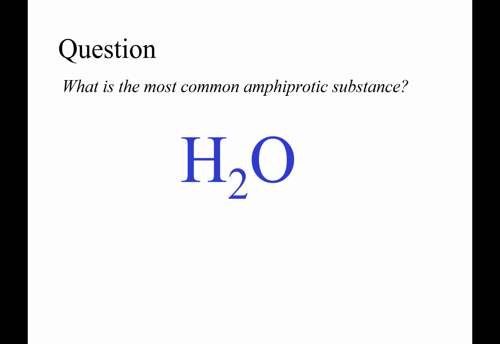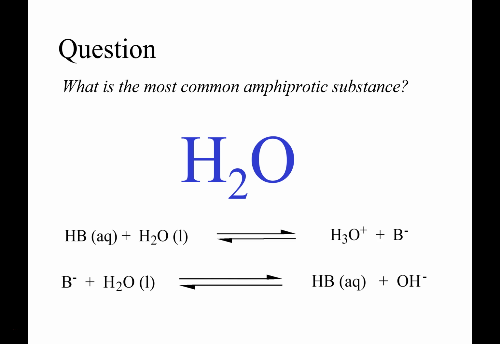We've seen today and in Friday's lecture where water can pick up a proton. It can act as a base, and it can also donate a proton, act as an acid. So there it is picking up a proton, and there it is donating the proton. In this case, water is acting as a base. In this case, water is acting as an acid. Over here you have your weak acid. Over here you have your weak base.